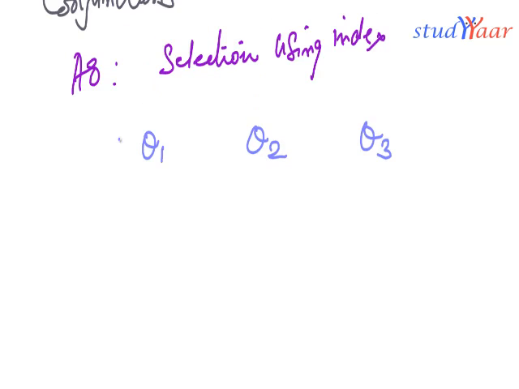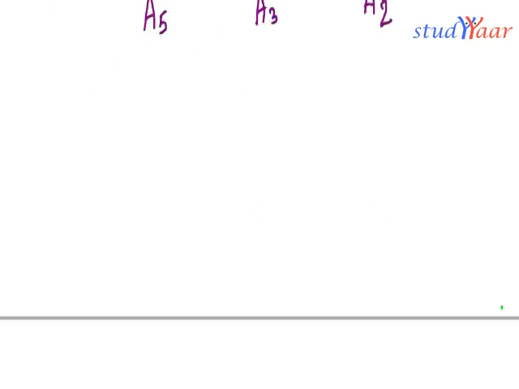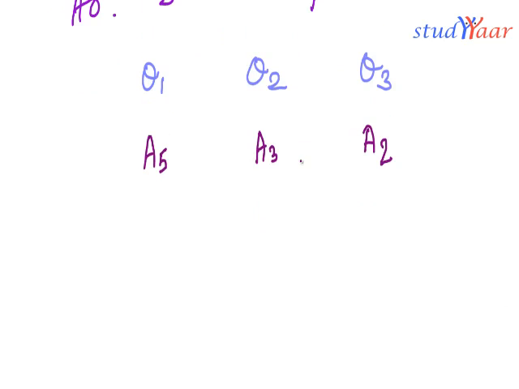Let's suppose I have three conditions as already mentioned: theta1, theta2, and theta3. For each of these conditions I am going to find the algorithm which has the least cost. Let's suppose for theta1 I find that A5 has the least cost, for theta2 I find that A3 has the least cost, and for theta3 I realize that A2 has the least cost. Just understand, at this point I am only calculating costs, I am not calculating the tuples.